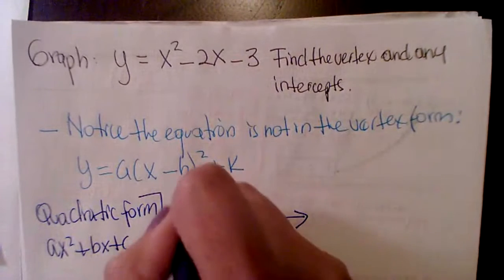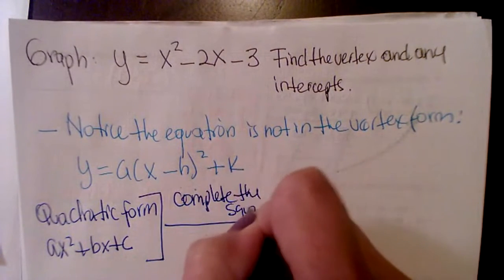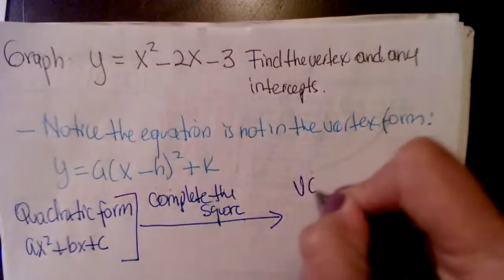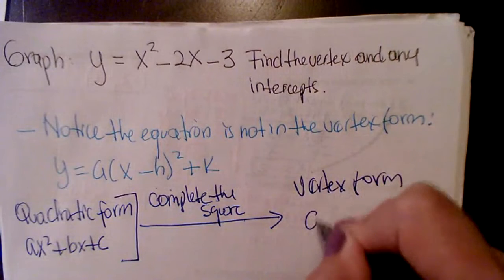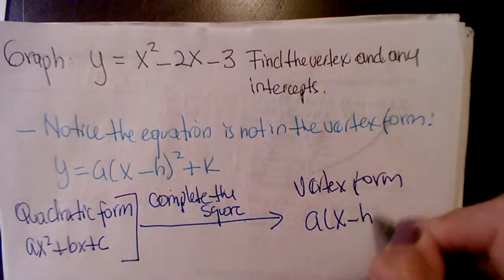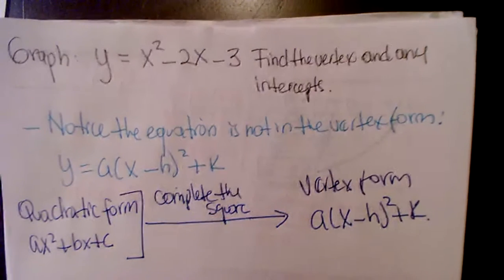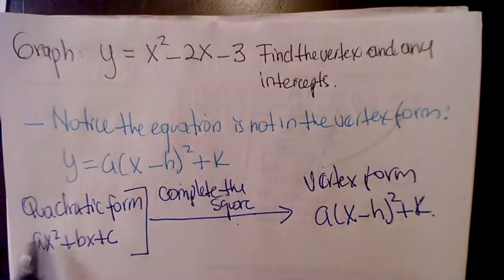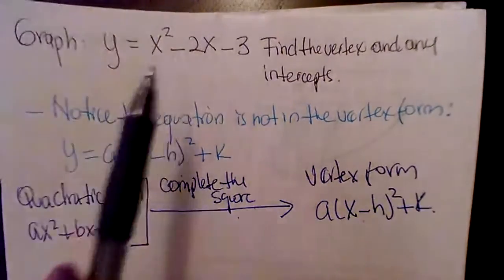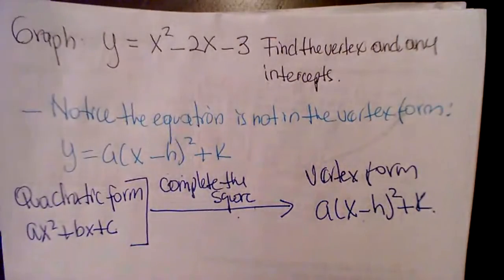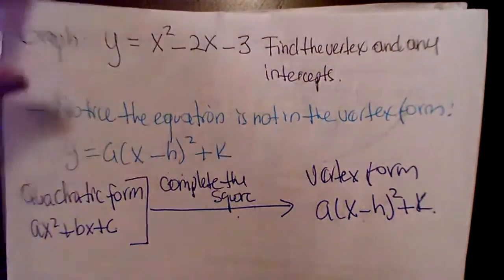When we complete the square, what do we get? The vertex form, which is a times x minus h squared plus k. All right? So when we complete the square, from the quadratic form, we get to the vertex form. And we're going to do that with this one. So let's do it. Where's my pencil?